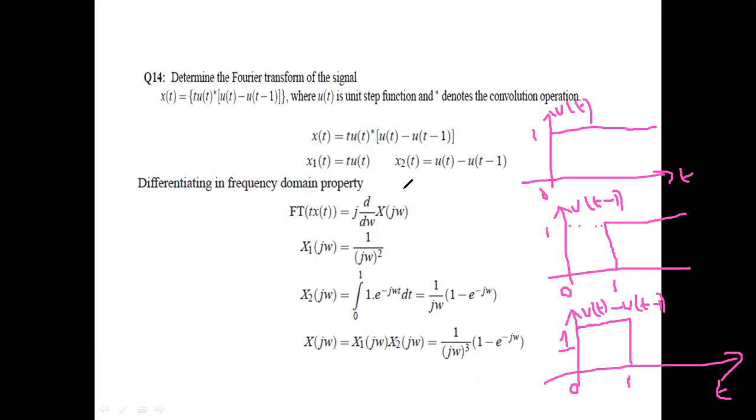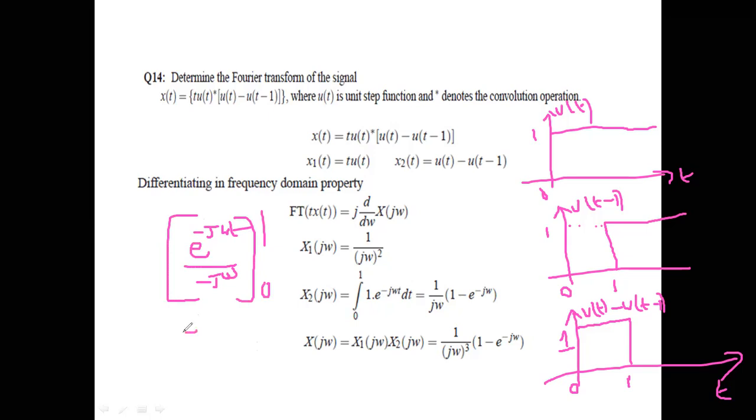So for x2 of t, the Fourier transformation is the integral from 0 to 1 of the value 1 times e power minus j omega t. Applying the integral for e power minus j omega t gives e power minus j omega t divided by minus j omega, with upper limit 1 and lower limit 0.